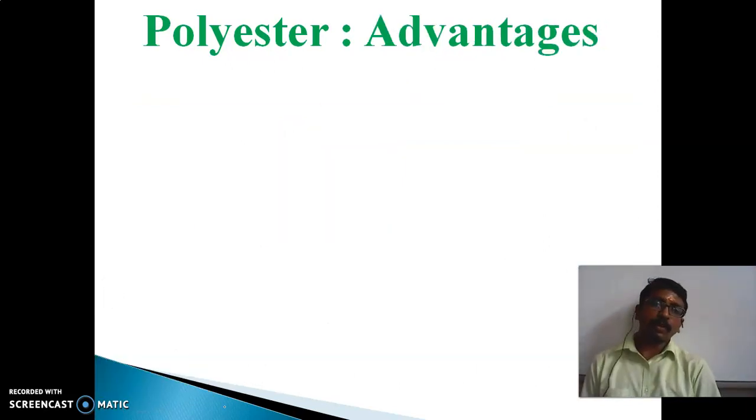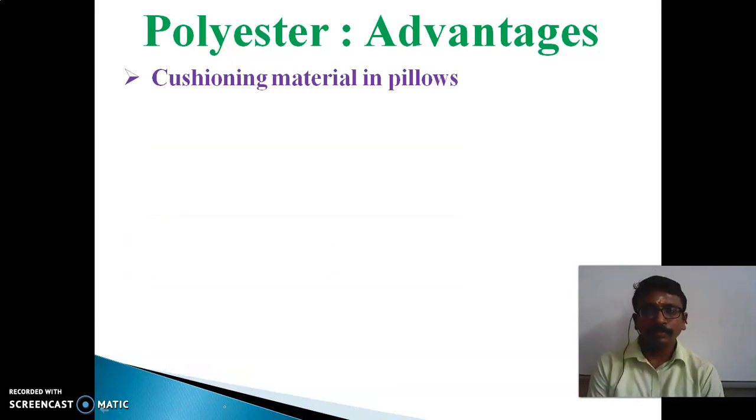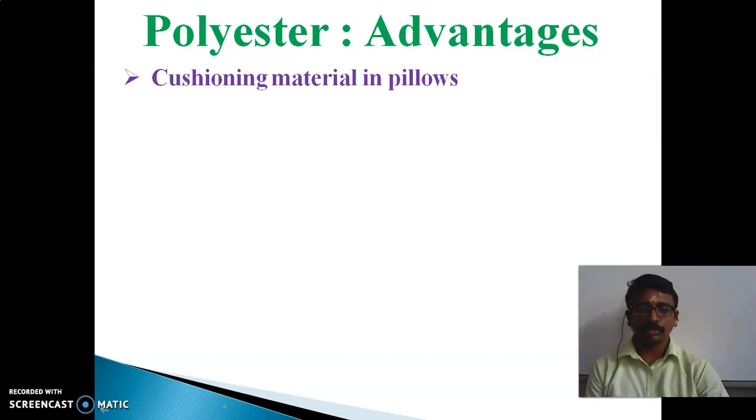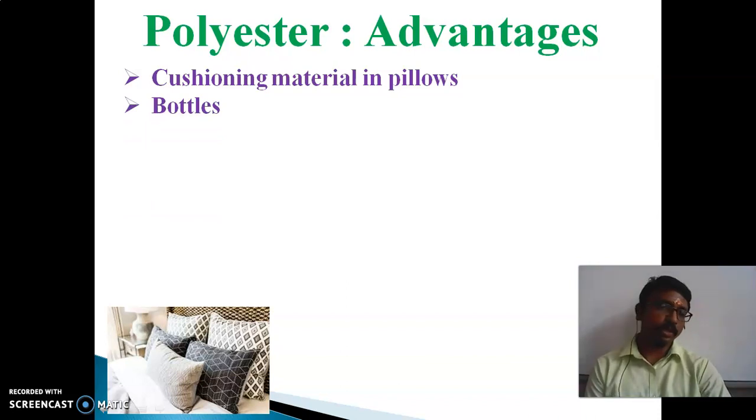And next we can go for the advantages. What are the advantages of polyester? First, it is used as cushioning material in pillows. These pillows are very soft, and it can be used for water bottles also.